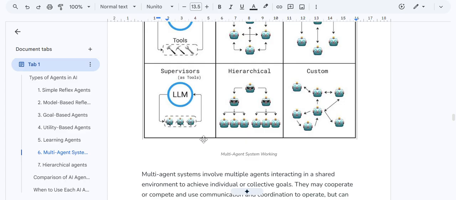The supervisor handles them as tools. Hierarchical is like hierarchical clustering in unsupervised learning in machine learning: multiple agents cluster under one agent, which handles another agent, and those agents work as one.